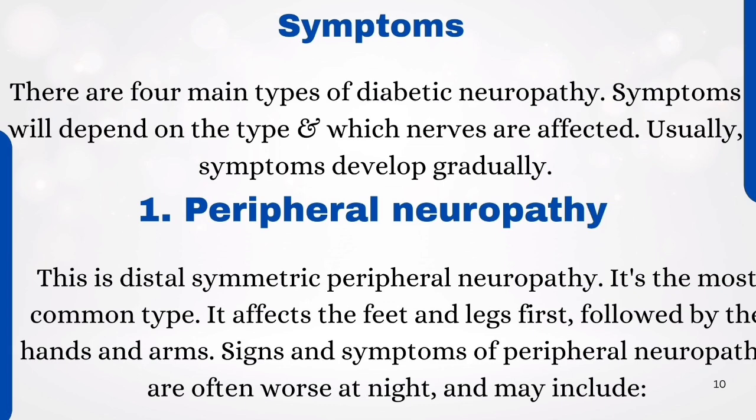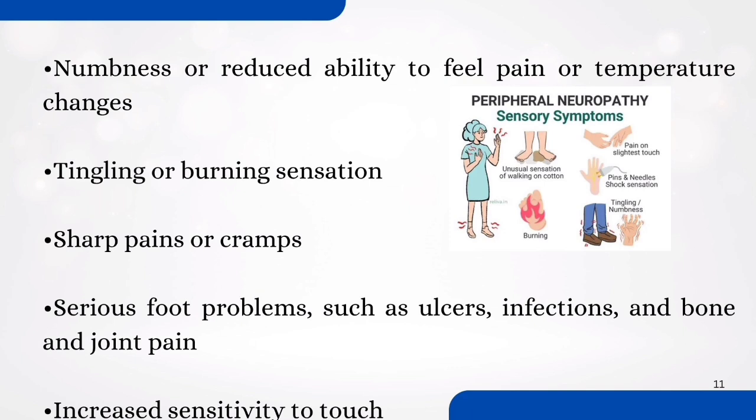Signs and symptoms of the peripheral neuropathy are often worsened at the night and may include the symptoms like numbness and reduced ability to feel pain or temperature changes, tingling or burning sensation, sharp pain or cramps, serious foot problems such as ulcers, infection, and bone and joint pain.